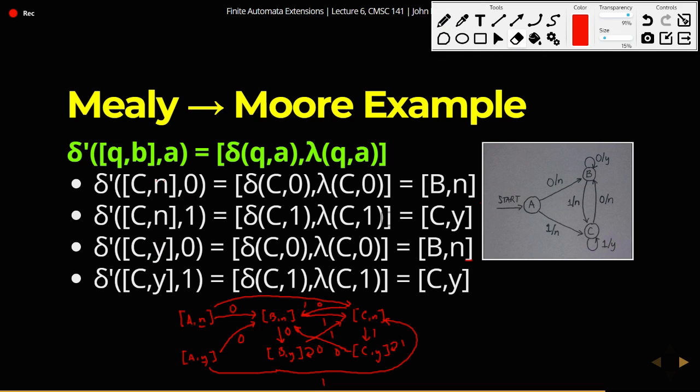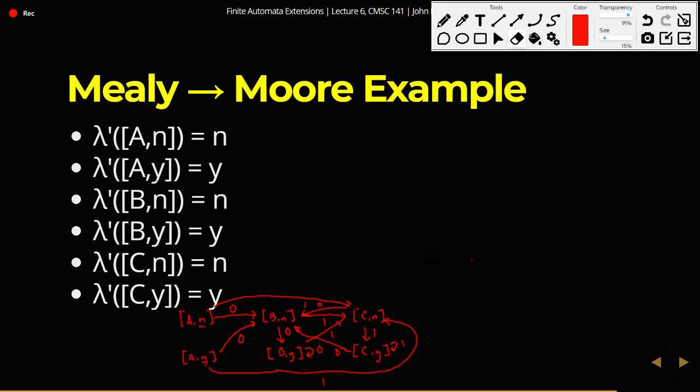But we're not done with this one yet. Of course, the outputs associated with each input symbol here. For AN, of course, this would be N. For AY, that would be Y, and so on. For BN, N, Y, and Y. Okay, so pretty straightforward because we already have embedded the output symbol in the state names themselves.